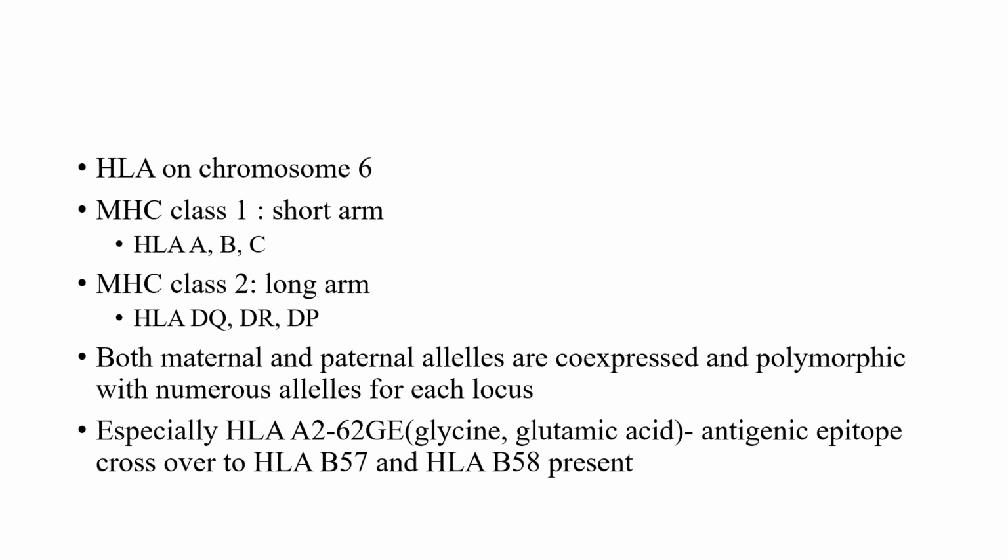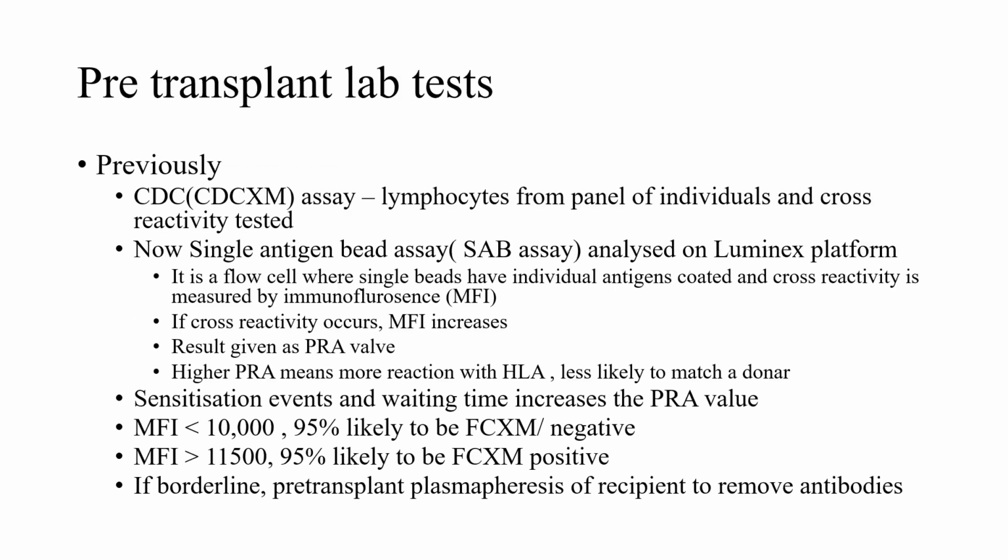So all of this has to be checked, and the PRA, the panel reactive antibody score, should be minimum. The reactivity should be minimum for better post-transplant survival and fewer rejections.